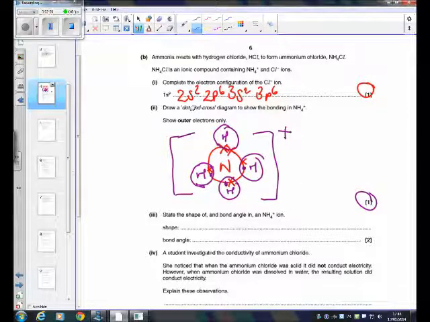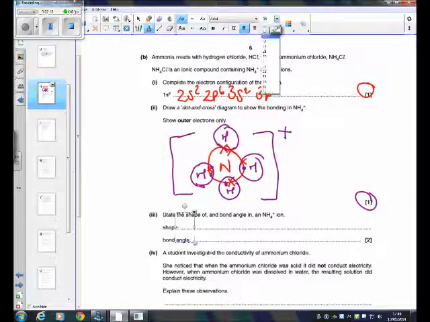So part 3. State the shape of and bond angle in ammonium ion. So we've got 4 bonding regions. The shape must be tetrahedral.